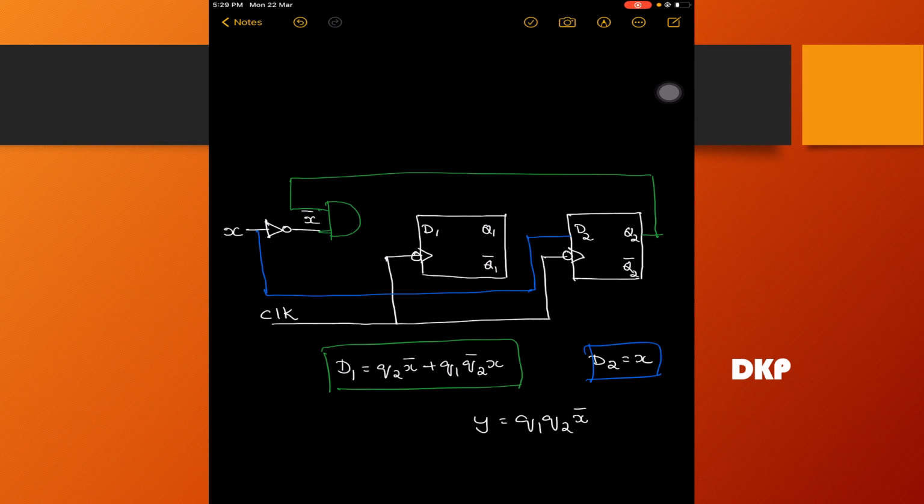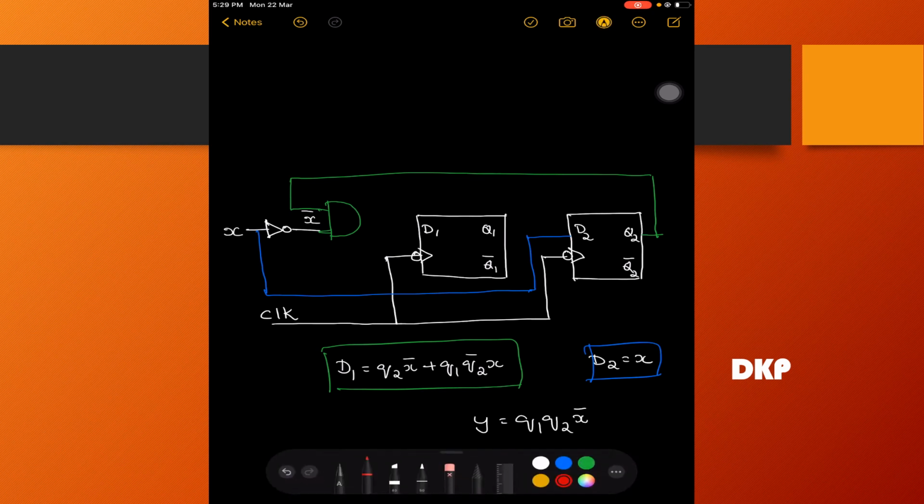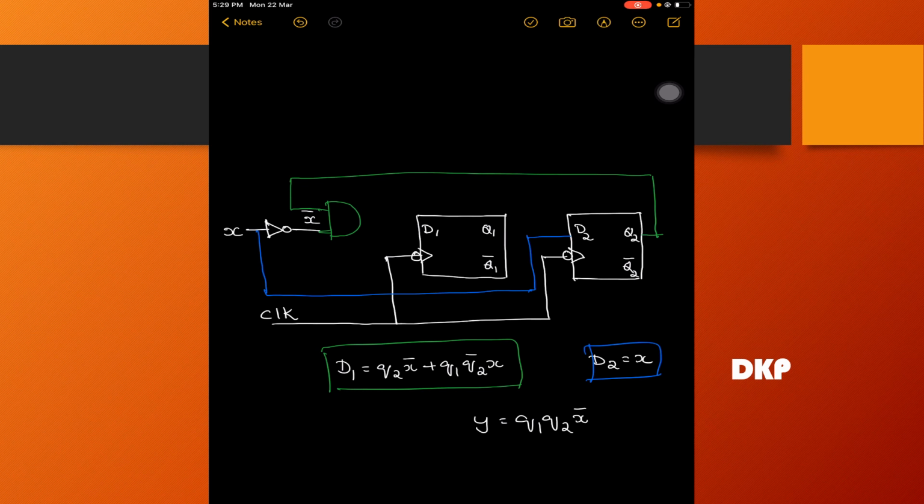And the next term is Q1 Q2 bar x. For that, connect this Q1 to another AND gate which has how many inputs? 3 inputs, Q1 Q2 bar x.